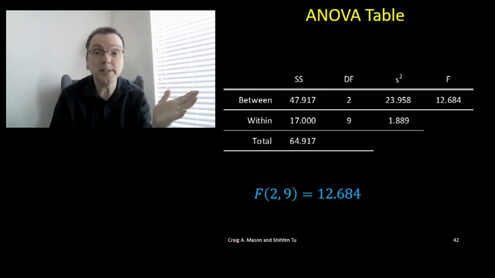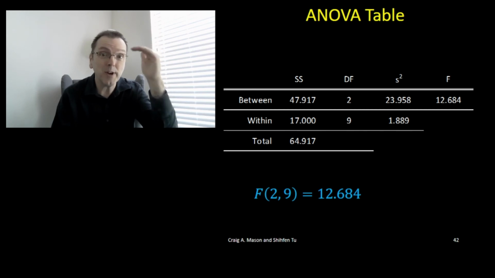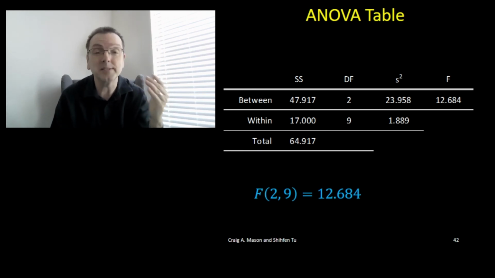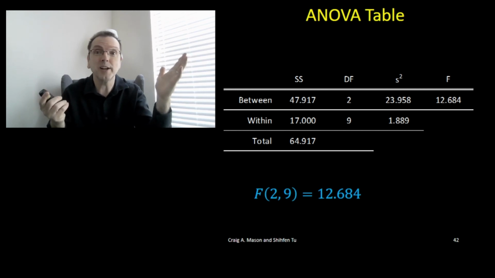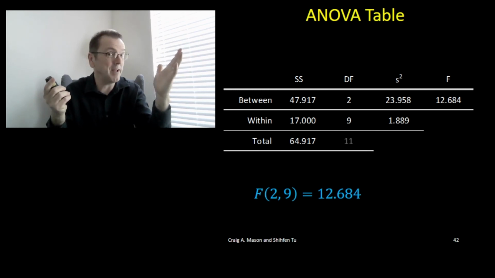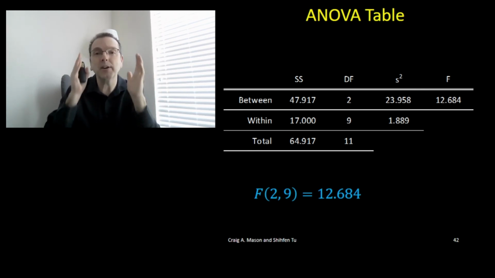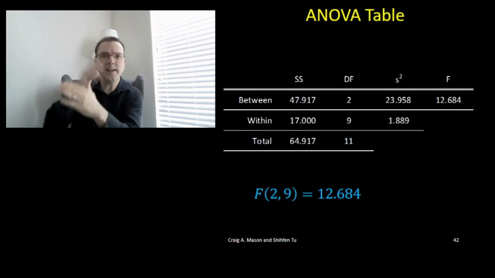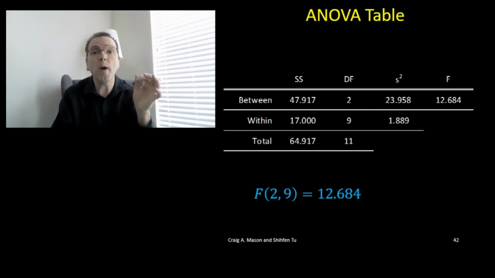And the degrees of freedom total is just the sum of the degrees of freedom between plus the degrees of freedom within, or 2 plus 9, which gives us 11, right? Right. So there we have it. That's how you calculate an F statistic and complete the ANOVA table if you're doing a one-way analysis of variance.